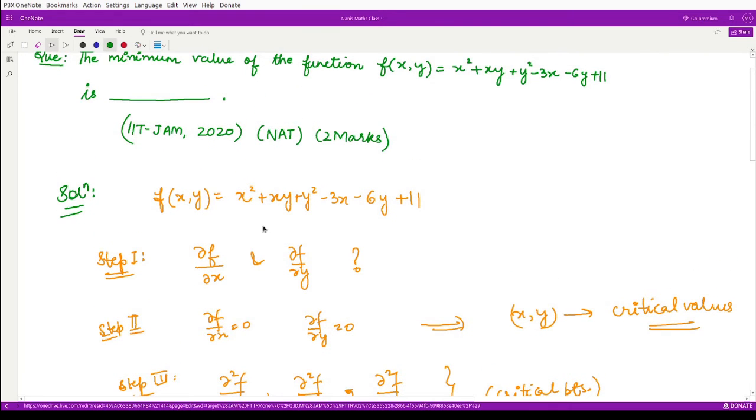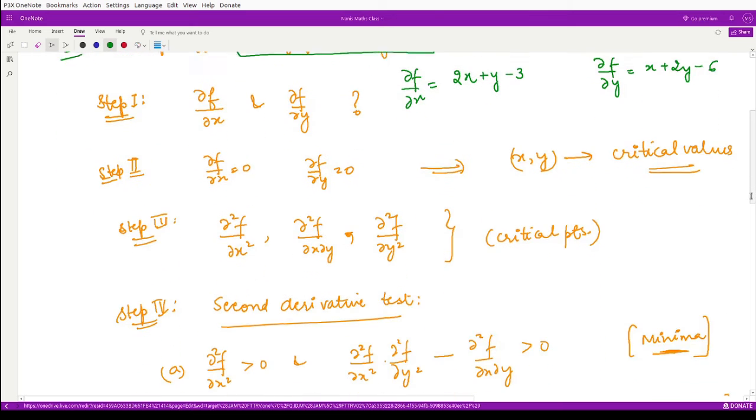First of all, we'll calculate del f upon del x. When you take the partial derivative of this function with respect to x, keeping y constant, it would be 2x plus y minus 3, and del f upon del y would be equal to x plus 2y minus 6.